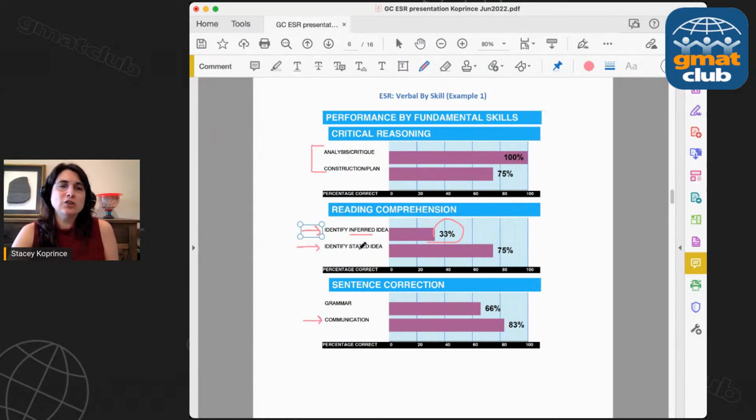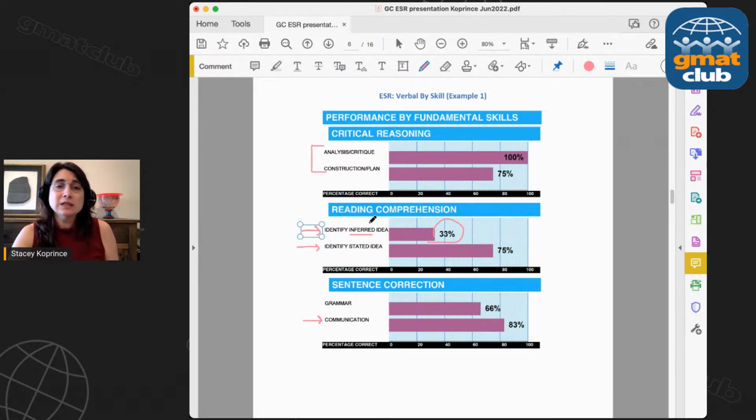But can you figure out why it seemed like it was fine for critical reasoning, but not for reading comp on this particular test? Is there something there about the way that it's getting asked, or about the additional information that we get for reading comp, that's distracting you or messing you up when you're answering inference questions in particular?